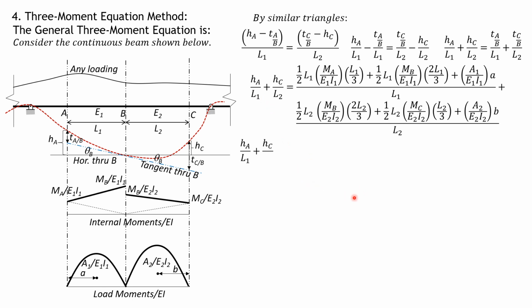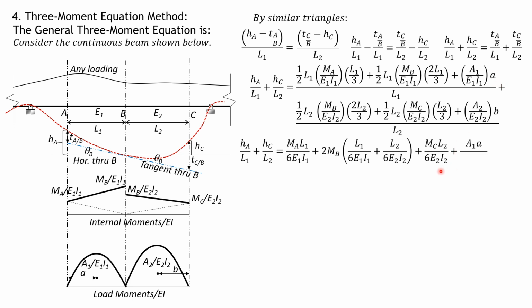So HA over L1 plus HC over L2 equals MA L1 over 6 E1 I1 plus 2MB, factor out, then we have L1 over 6 E1 I1 plus L2 over 6 E2 I2, plus MC L2 over 6 E2 I2 plus area 1 A over E1 I1 plus area 2 B over E2 I2 L2.